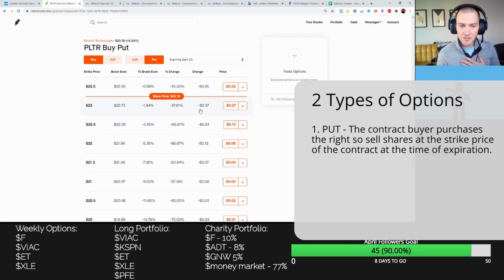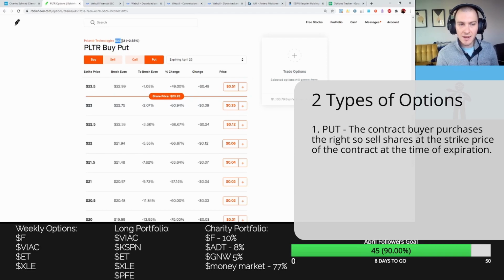I personally am on the other side of that. I'm the maker of that. So I'm selling the put. So I'm looking at a company like Palantir and saying, and there's a lot that goes into this, but hey, I want to buy it for $22.50, whatever, or 23. I want to buy it for 23. I'm going to sell you that same right to sell it to me at 23 because I like it at 23.